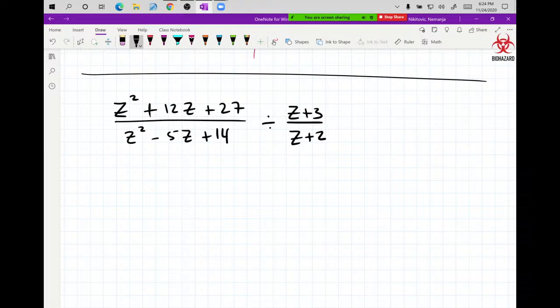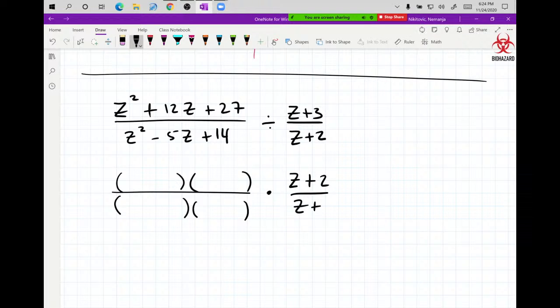Any ideas on factoring? Yeah. All right, so I forgot what it's called, but it's the one where you look at the factors that go into 14 and 27. Mm-hmm. Very good.